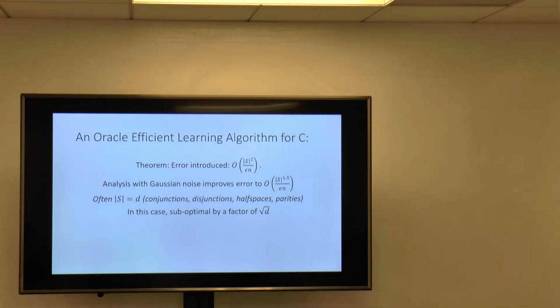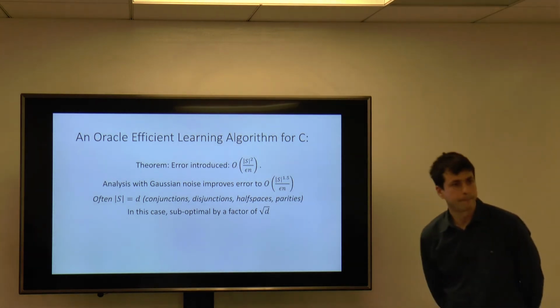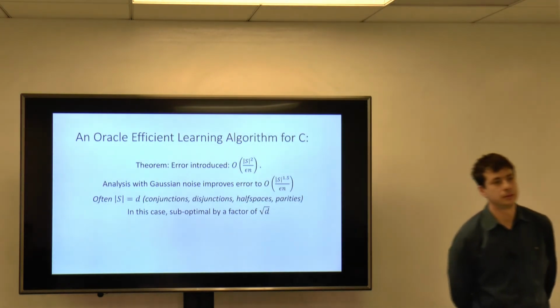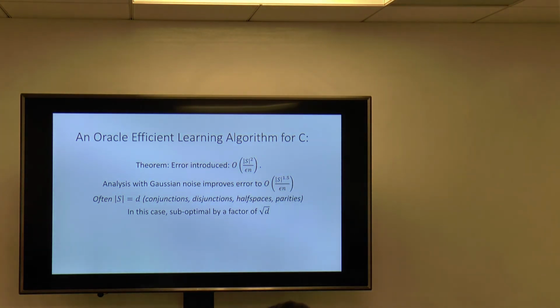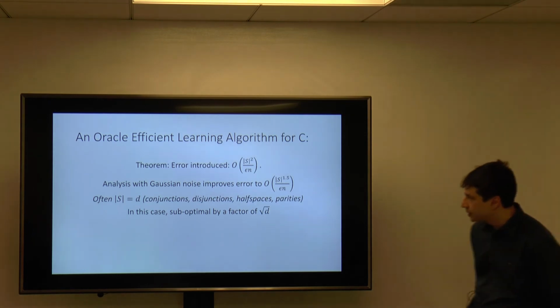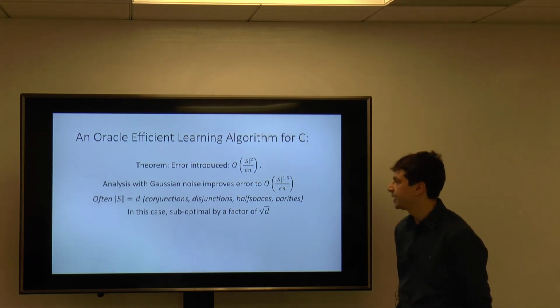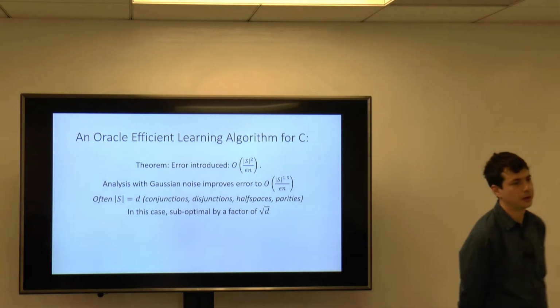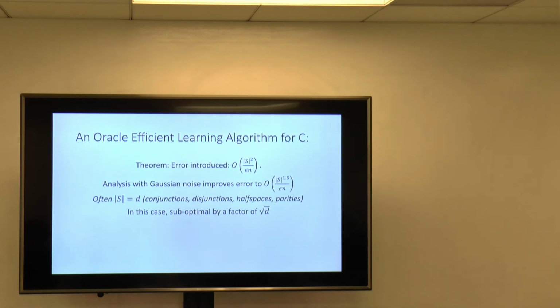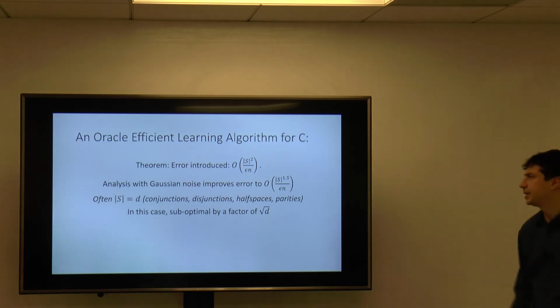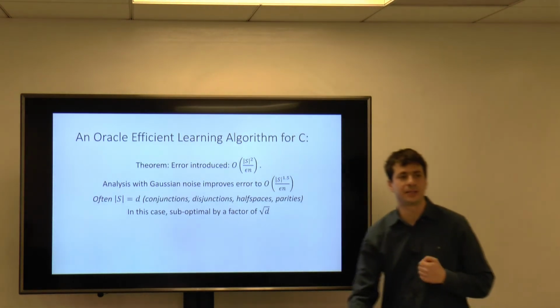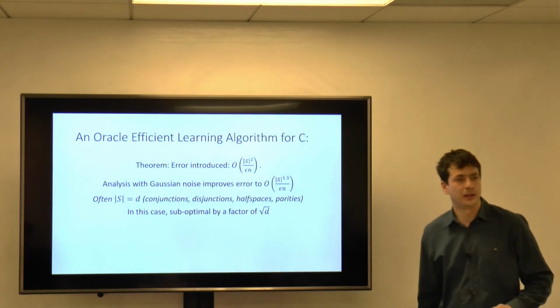Question. People have used similar algorithms for contextual learning, but they get suboptimal rates. I think the best known rates are something like 2/3. Yeah, they're related. This is closely related to a technique that people use for contextual bandits. They don't get as suboptimal rates because they only need closeness in total variation distance to get the regret bound.